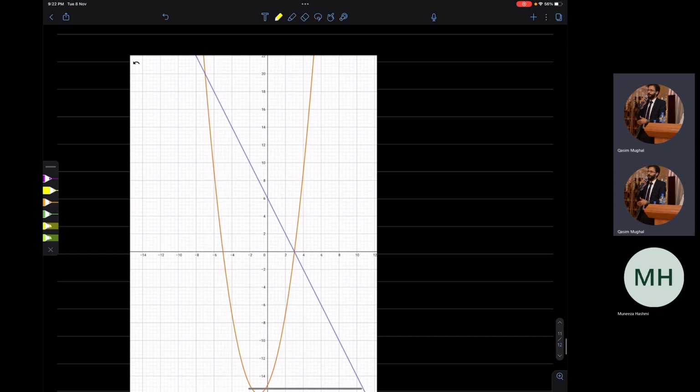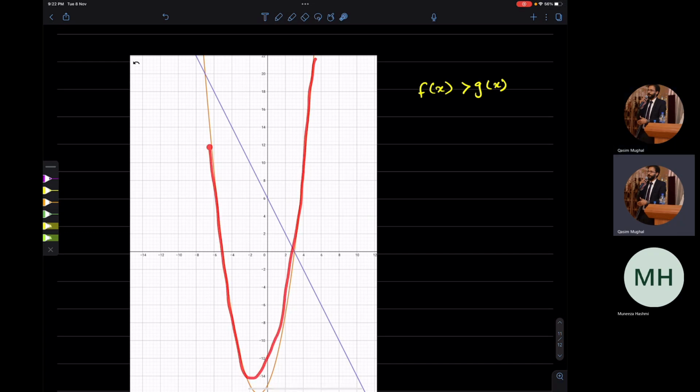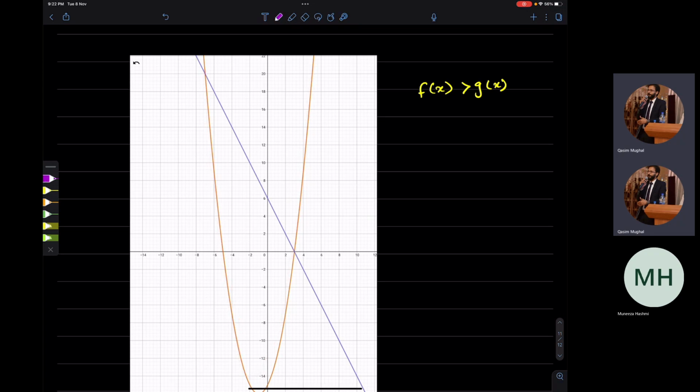All right, now the examiner is asking you to write down the set of values of x for which the function f of x is greater than the function g. Now, f of x is the orange line over here, the orange curve, the quadratic curve. So let me just tag it as f of x.